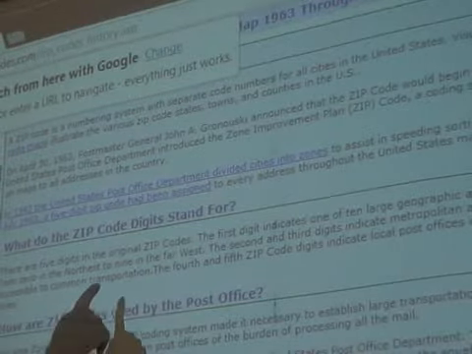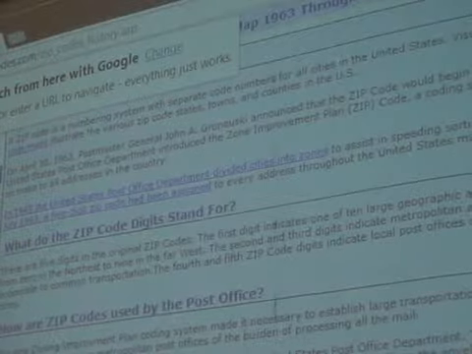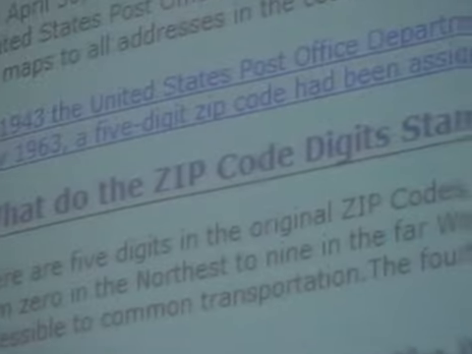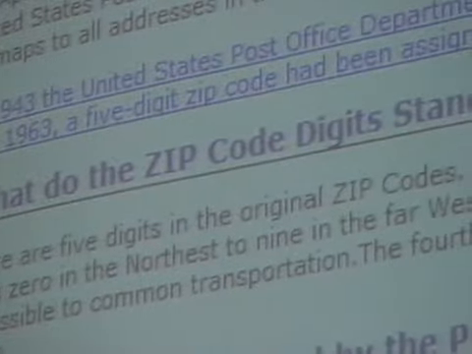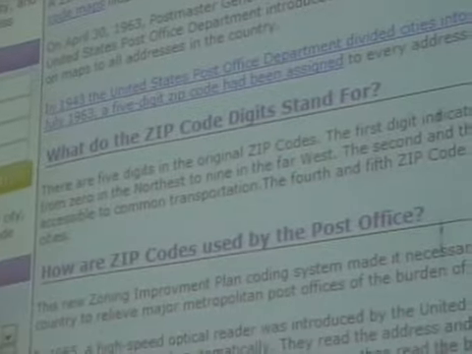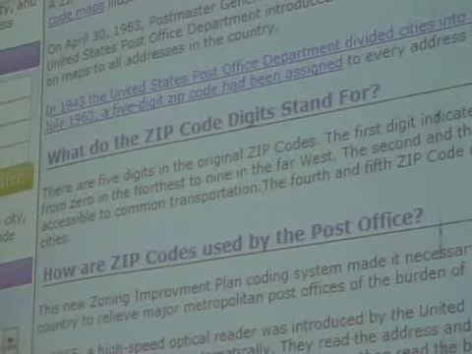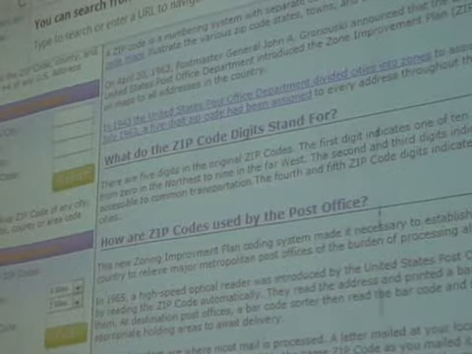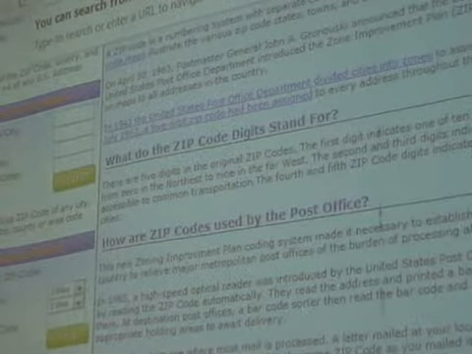What do the zip code digits stand for? That's basically what we just said: the first digit stands for one of the large regions, and then the next digit, and so on. Same concept. So this concept does apply in areas other than subnetting, is what I'm trying to get you to see.